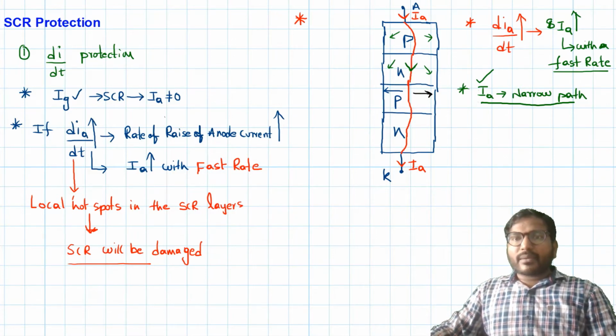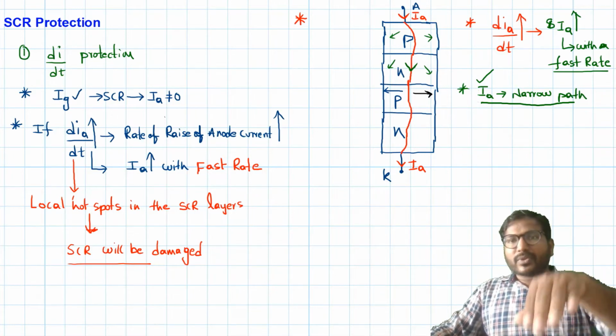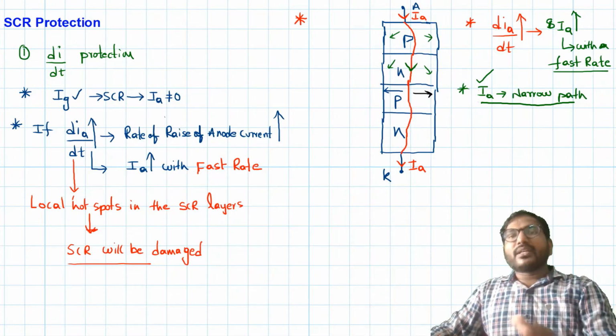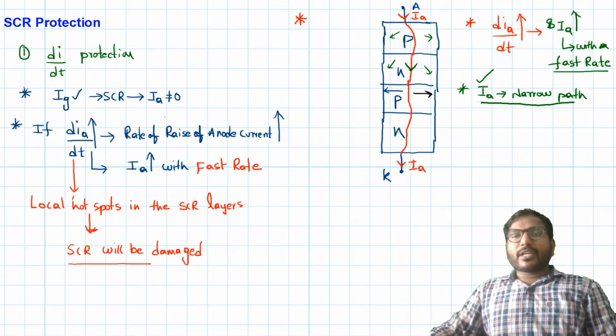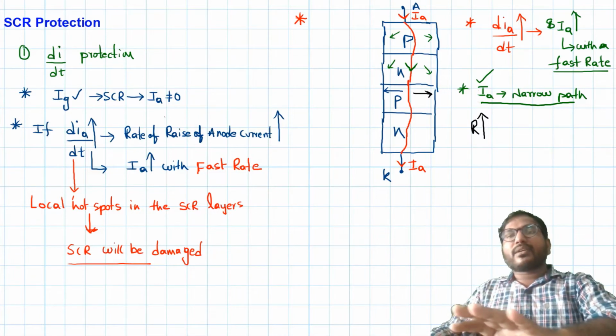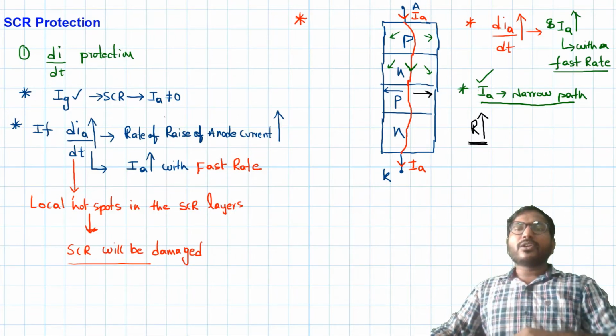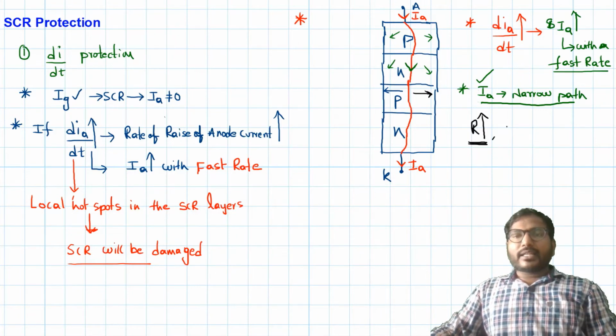So the remaining part of the SCR layers will offer more resistance, because no current is passing through them, and the current is passing only through the narrow region.